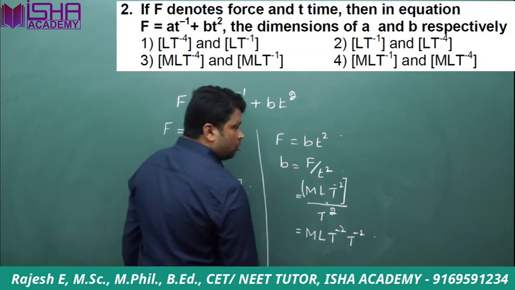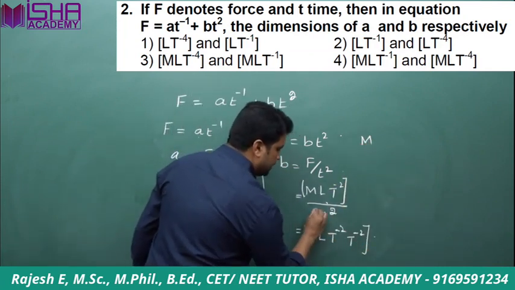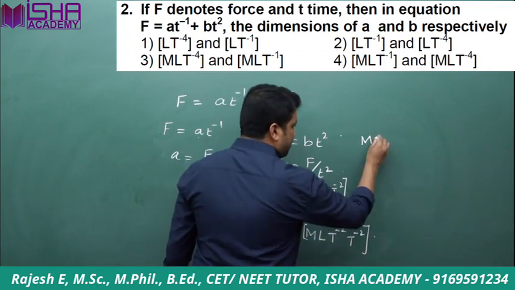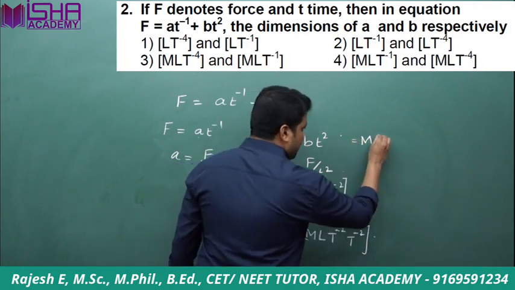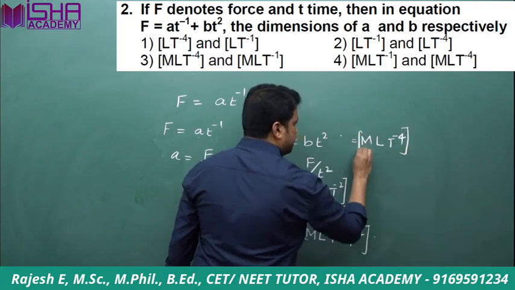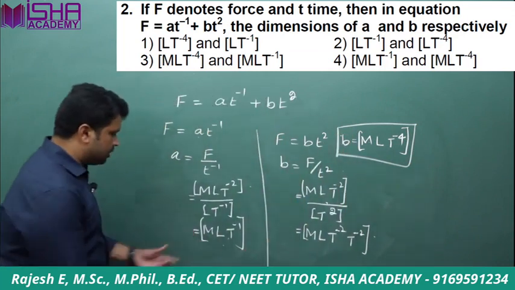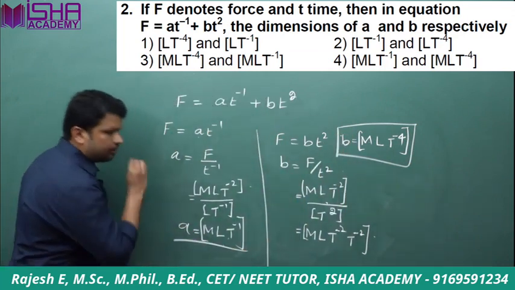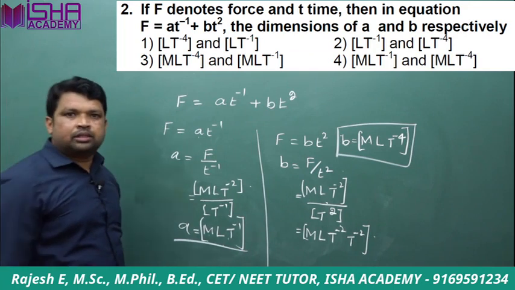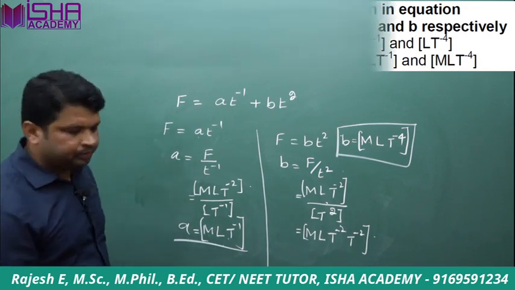So the dimension formula is M L T minus 4. So this is the dimension formula of B, and this is the dimension formula of A. Right? Got it? Okay.